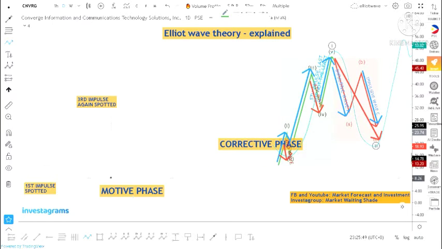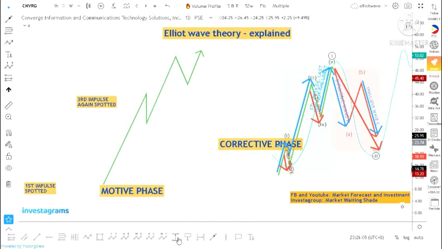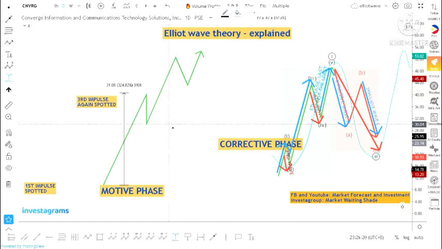So we have a wave like this, a wave like this, and wave like this, and wave like this. If we measure from this price up to this price, that's around a 300% price increase, while our next impulse has only 74%, and our last impulse only 27%.